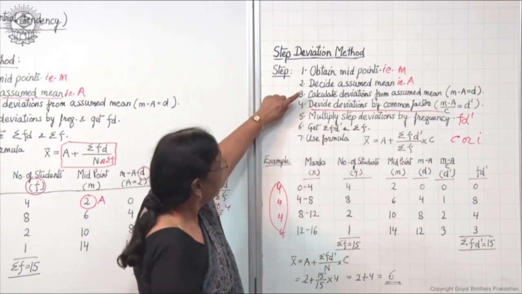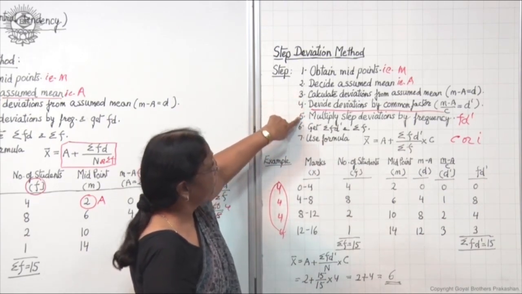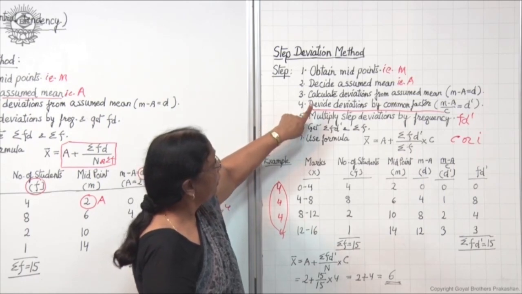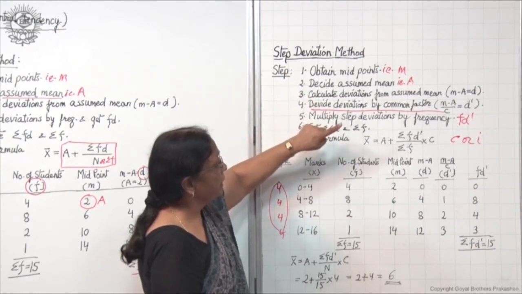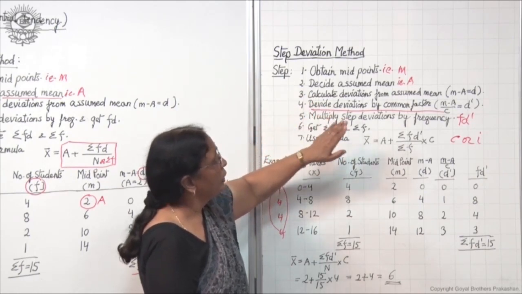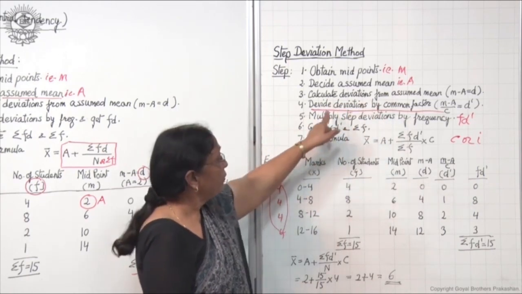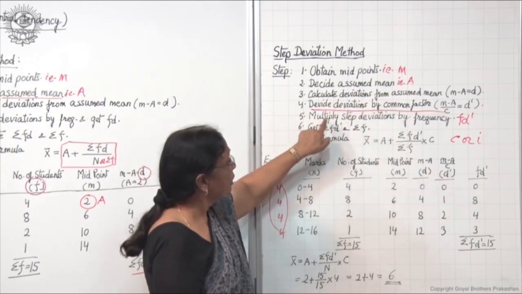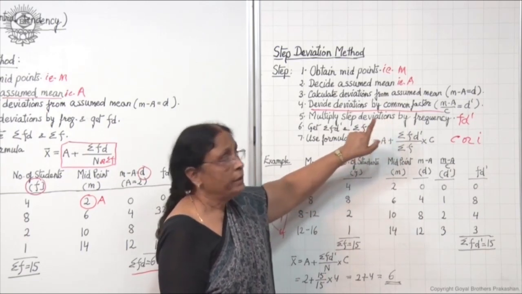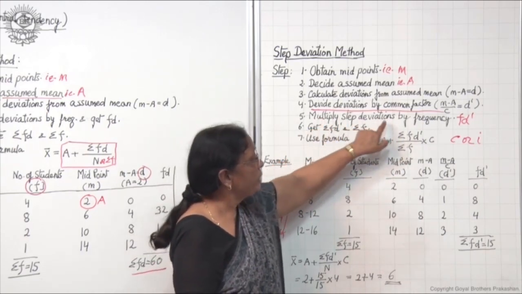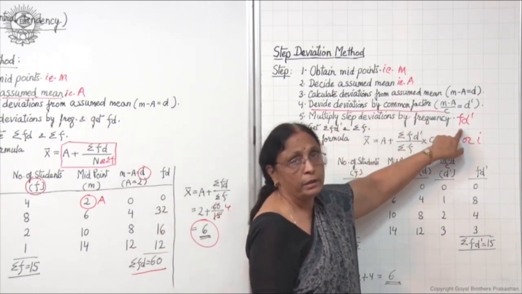When we take out D, that means M minus A, we are taking out only deviations from assumed mean, and when we divide it by class interval, it is called step deviations, right? So multiply step deviations, that is D dash, by frequency and get FD dash.